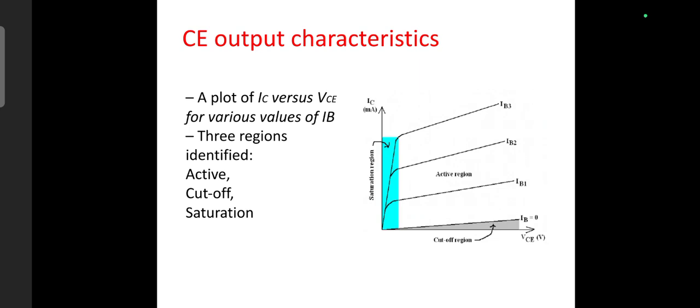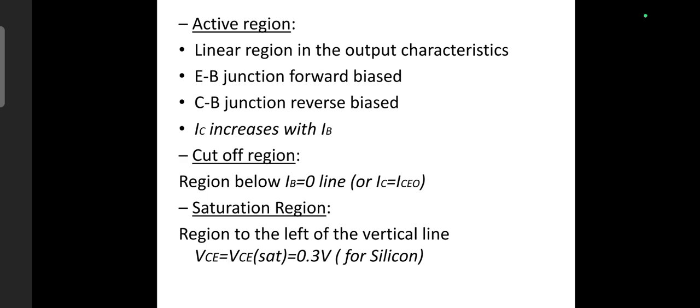This graph is very important because it helps engineers select the correct operating point for transistor circuits. So these are some points related to the regions of operation which we already discussed in the previous configuration.